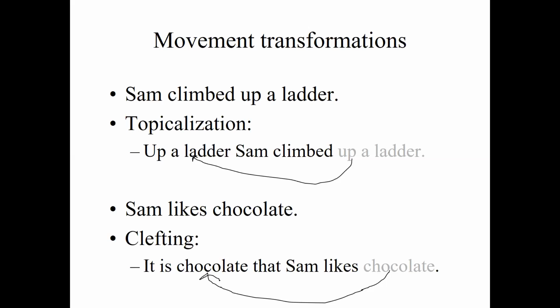And in the deep structure, up a ladder is after the verb climbed. Here I've put in gray where up a ladder was in the deep structure. But then a meaning preserving tree-to-tree mapping that doesn't change the semantic roles moves up a ladder to the beginning of the sentence. And then we call that its surface position. So we would call this its deep position.